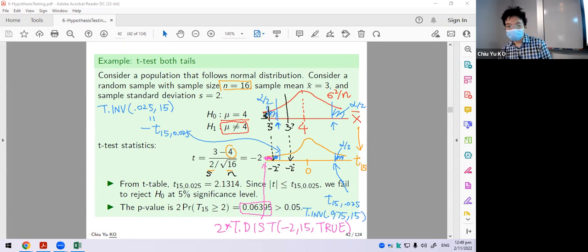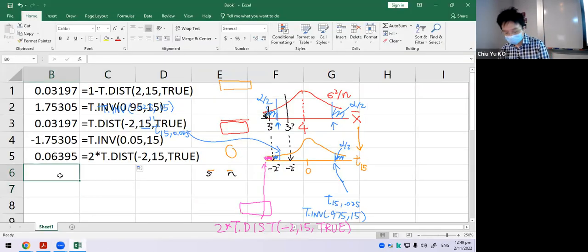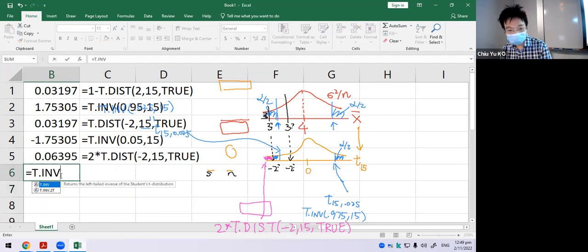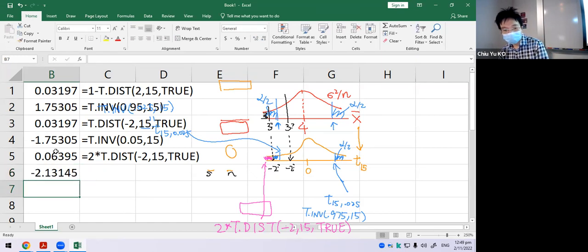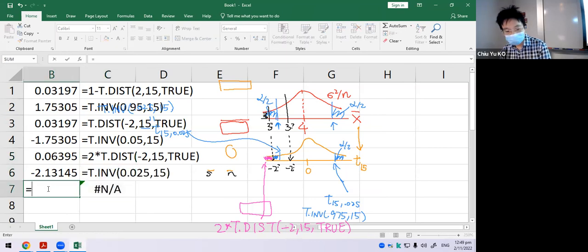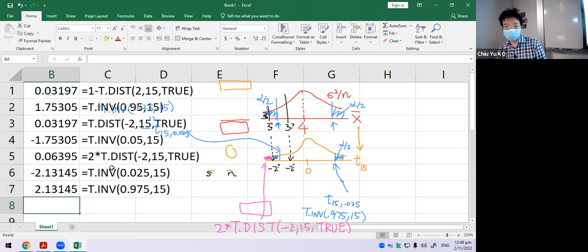Right? So let me do the first one. The t.inv 0.025, 15. Or you can put t.inv 0.975, 15. So it's 2.13.